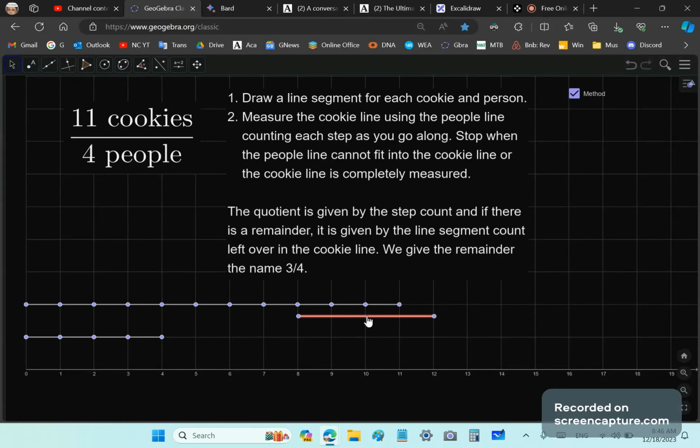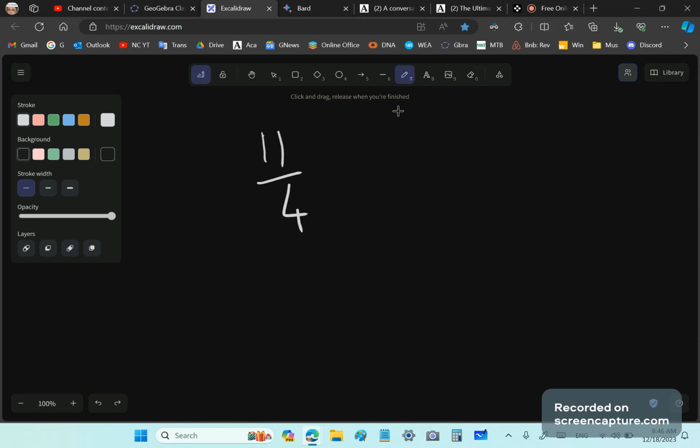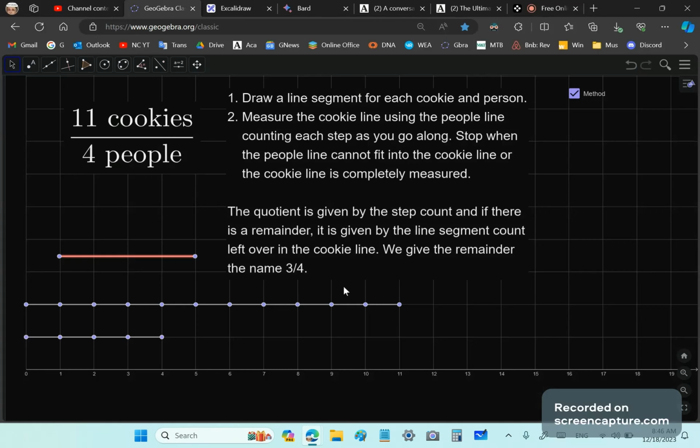So we'll say, okay, the first part will be 2. So we would write in the first part that 11 over 4 is equal to 2. And then we count how many are left. So to count how many are left, we see 1, 2, 3.